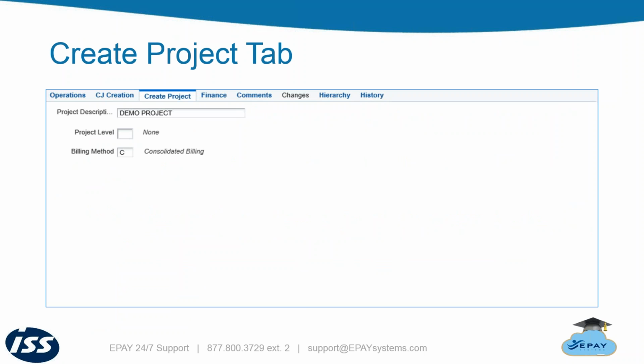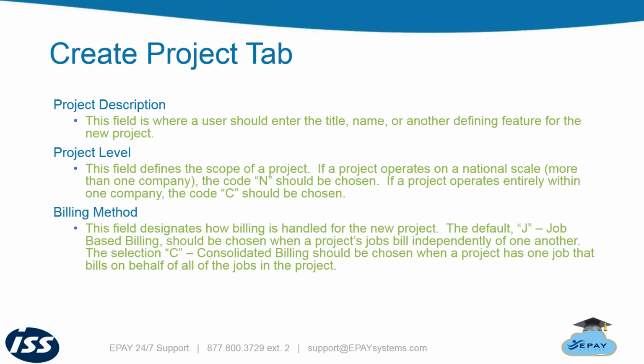So after you've completed your job site record information, you will then create a project if necessary. And here is a screenshot of what that tab looks like. For the project description field, the user should enter the title, the name, or another defining feature for that project.